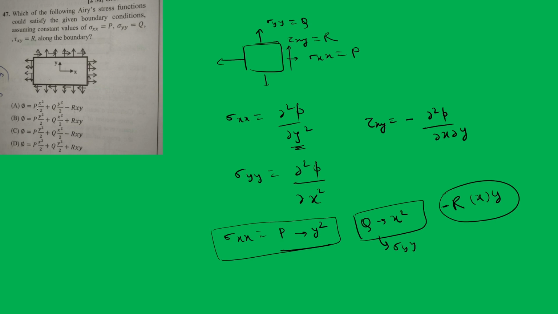P is the function of x square, so this one is gone. P is the function of x square, so this one is again gone. Now what we have, b and c. P is the function of y square, so that is true, it's fine. Q is x square by 2. Here r is plus xy and r is minus xy, so this should be the correct option. R should be minus because this is negative.